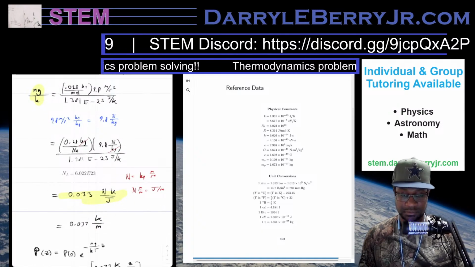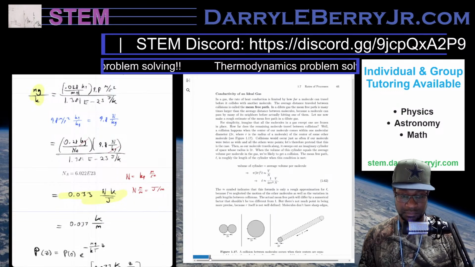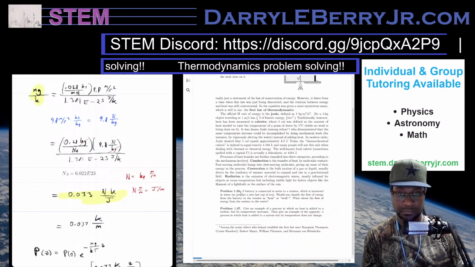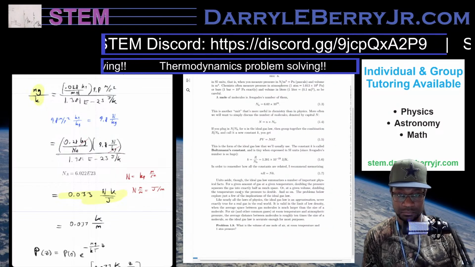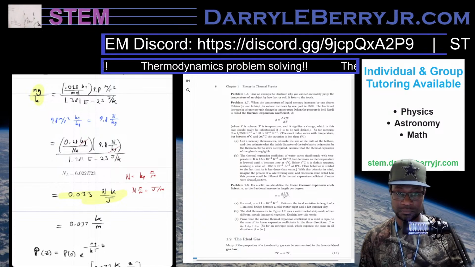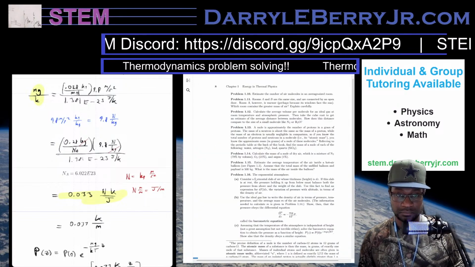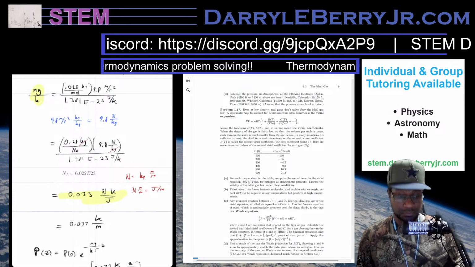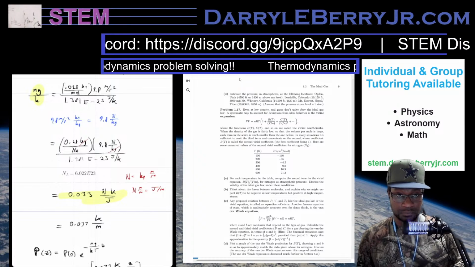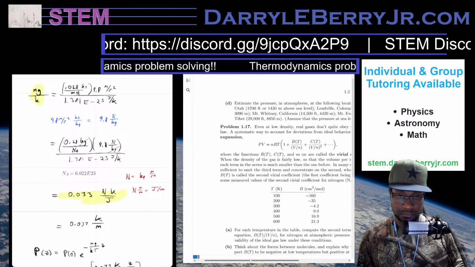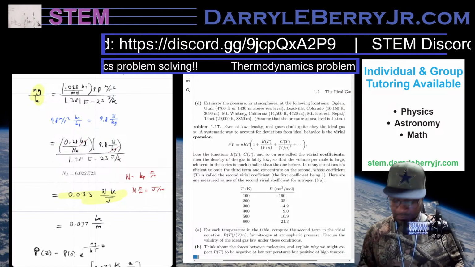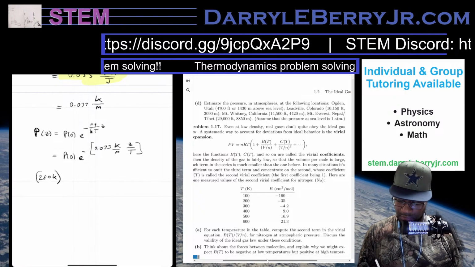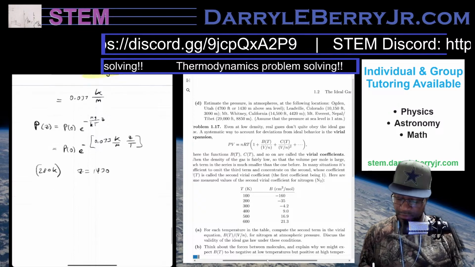And if we do Utah, and Utah is at 1430 meters, Z equals 1430.